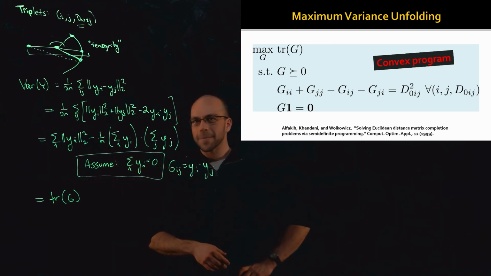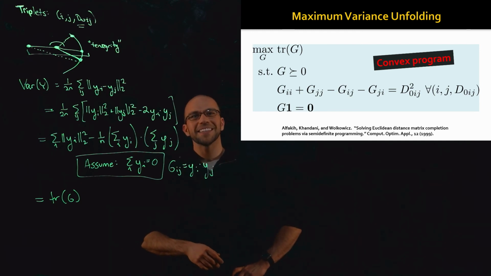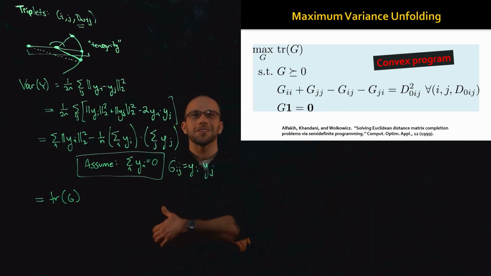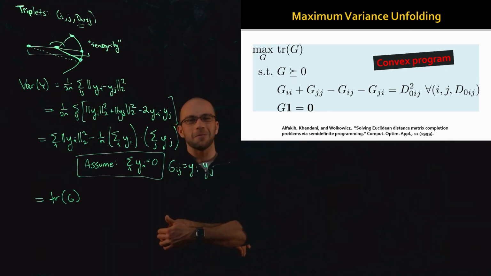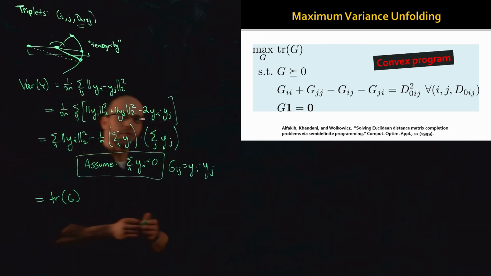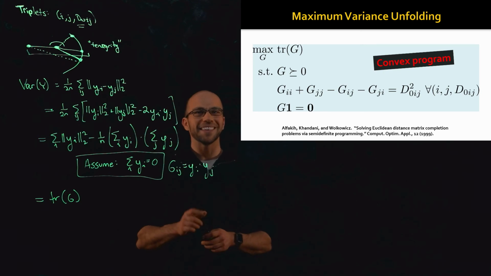So that's basically it. What we'd typically have is a fourth constraint, which is that G is equal to Y transpose Y. And we just drop that constraint and optimize for the semi-definite matrix G directly.